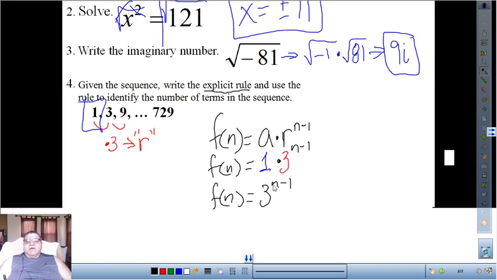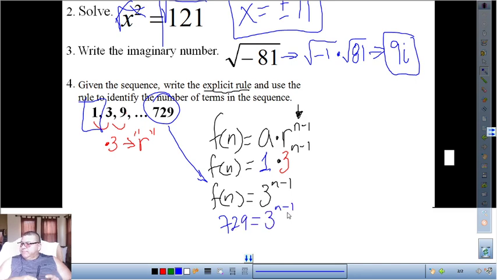So how do we figure out how many terms? That means the n is the term that they want us to figure out. So we go with our last term, which is 729, and we substitute it here for f of n. So we have 729 equals 3 to the n minus 1. So what does that mean, Mr. Q?